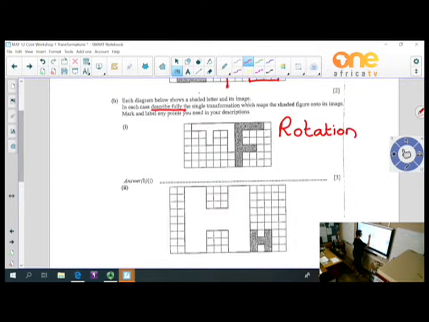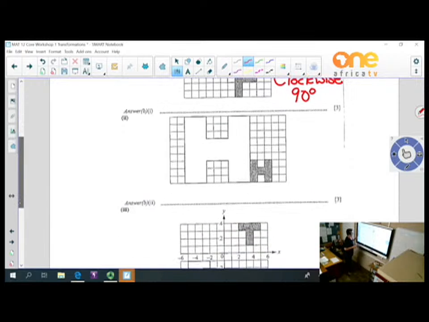And my center sits here. There's my center. Which direction is this? Clockwise. It's a clockwise direction, and it will be 90 degrees. You can measure the angle there, but we can also see that it is 90 degrees. Again, if you're unsure, use your tracing paper and then you can see how it is rotated there.